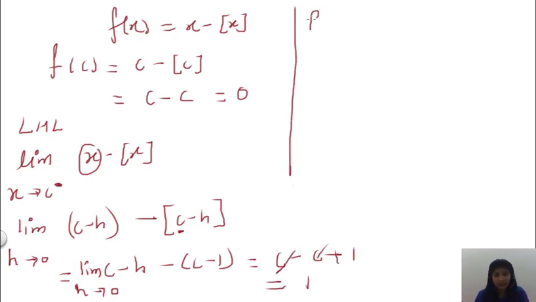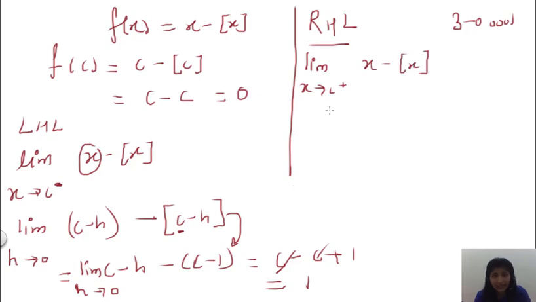Let us solve RHL. You need to be careful here when I write c as c minus 1, because I am subtracting something. As I explained, from 3 if you subtract something, you will get 2 point something, and 2 point something in the greatest integer function will lead you to the answer 2. Now RHL: limit x will tend to c plus of x minus greatest integer of this, then limit h tending to 0, instead of x you write c plus h minus greatest integer of c plus h.